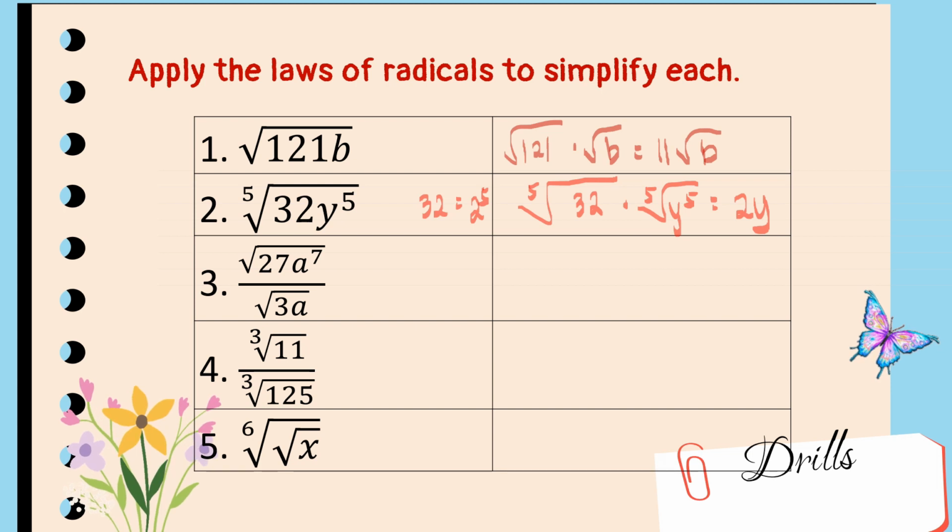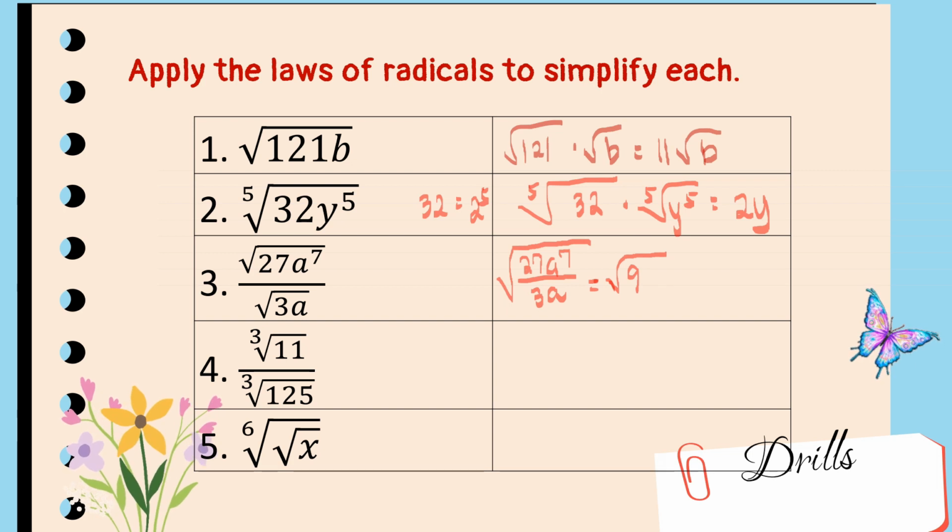Very good. Next, the square root of 27a raised to 7 all over the square root of 3a. Alright, so we can write this as the square root of 27a raised to 7 over 3a. 27 divided by 3 is 9.